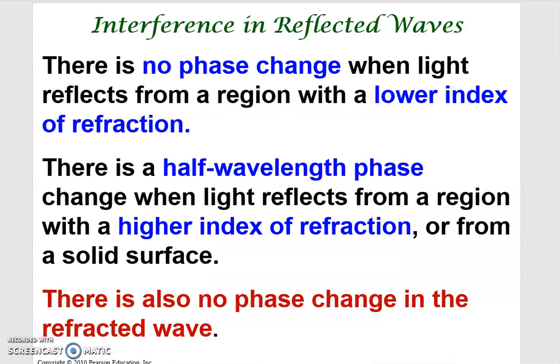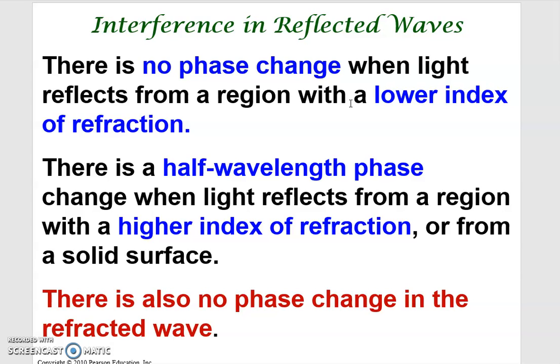So let's try to summarize what we have learned. When you study the phase change in the reflected wave, there will be no phase change from a higher index of refraction to a lower index of refraction.